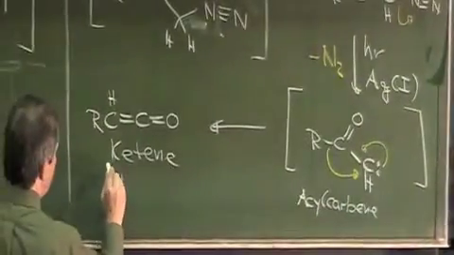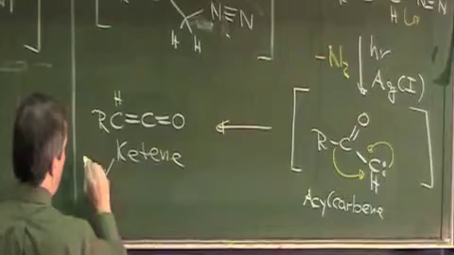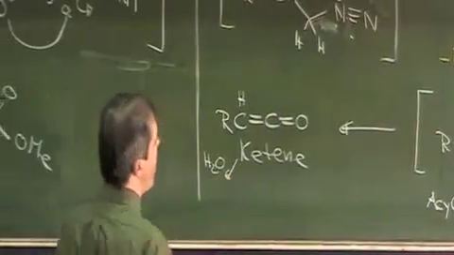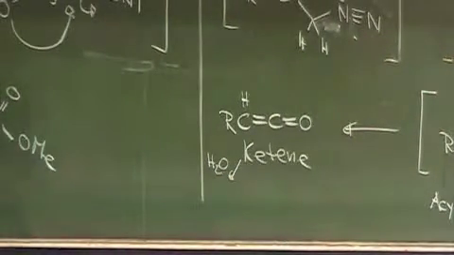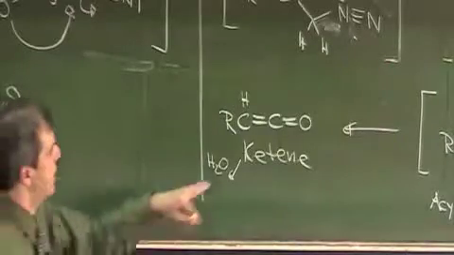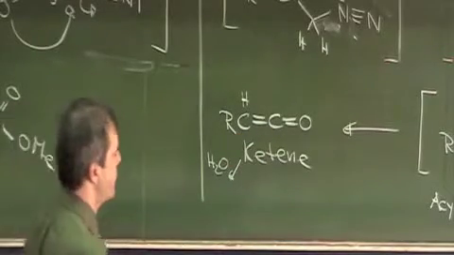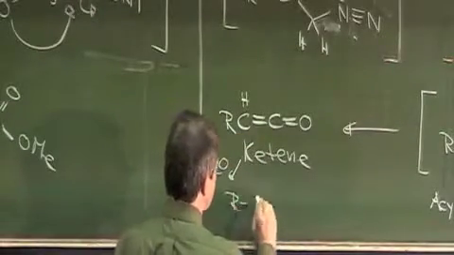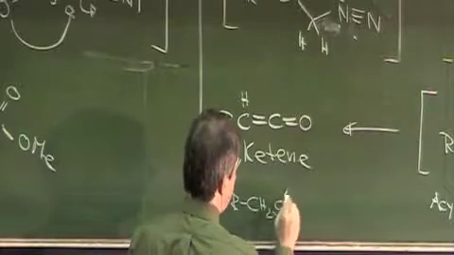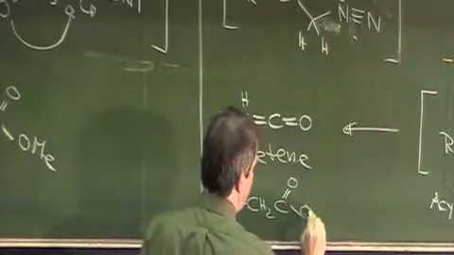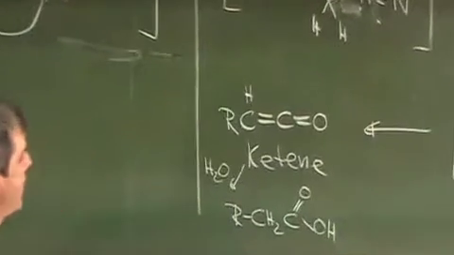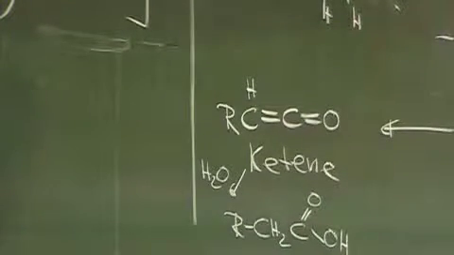And these ketenes have now a number of ways to react further, and this depends on what kind of solvent you do your reaction in. If you do it in water, then simple addition of water will occur, and you form overall the carboxylic acid here.